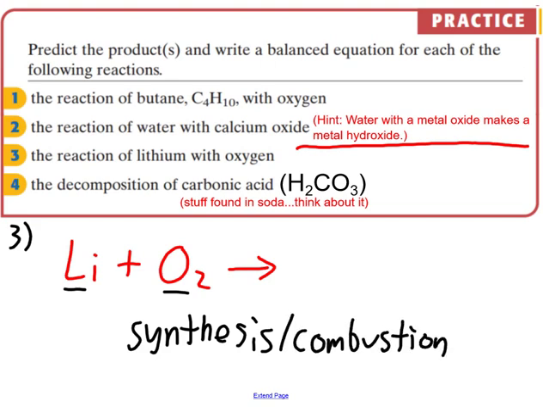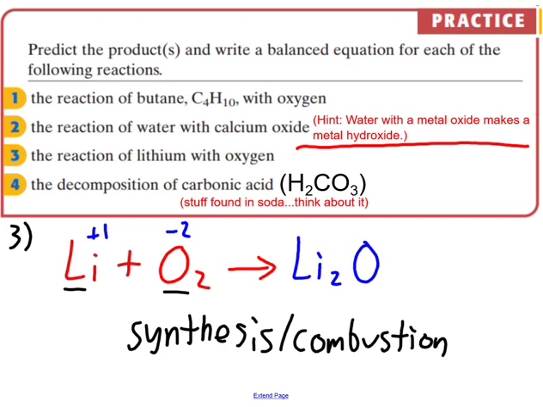If on a question, homework, quiz, test, whatever, I ask you to classify this type of reaction, either one would be acceptable. I would not require you to put both down. But let's go ahead and finish this. Now, lithium is a +1 and oxygen is a -2. So I'm going to reverse these and I'm going to get Li2O.